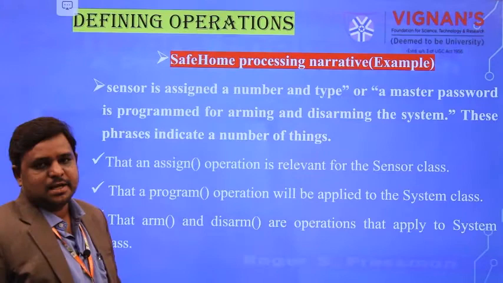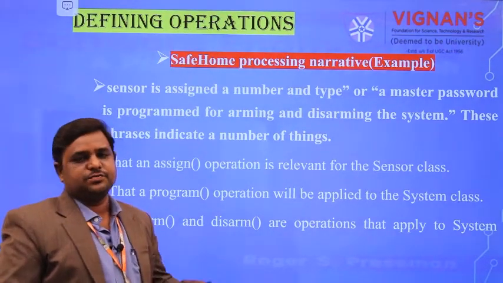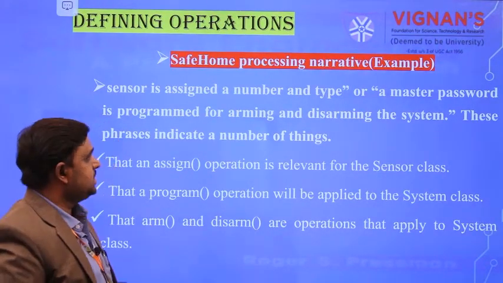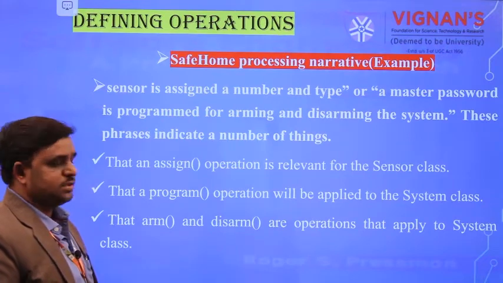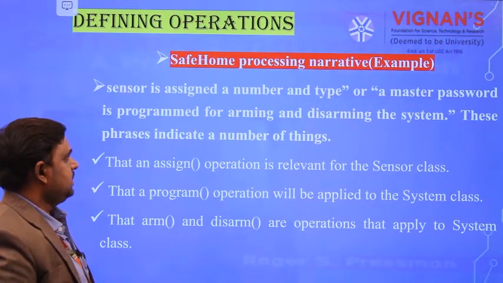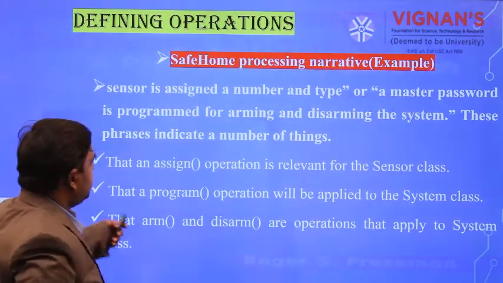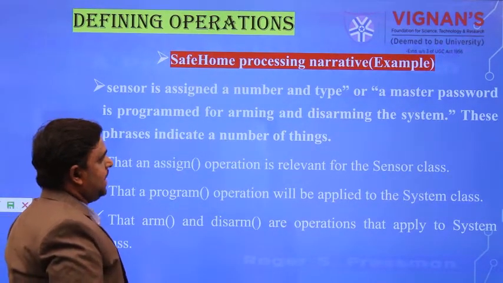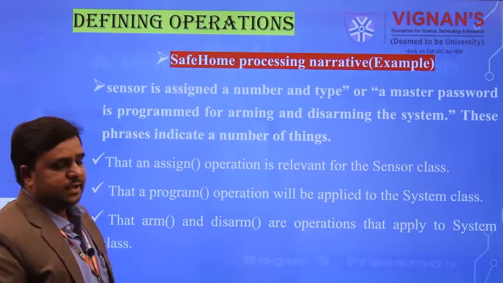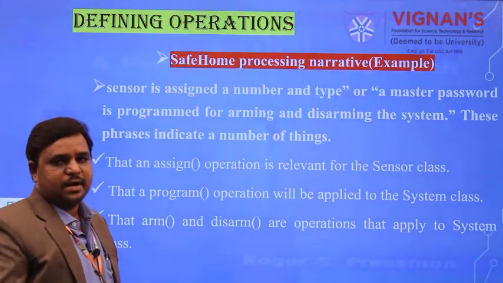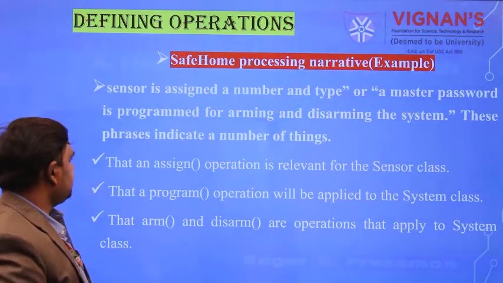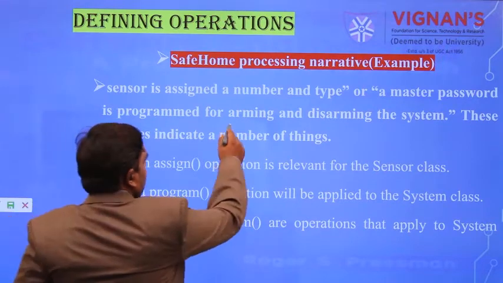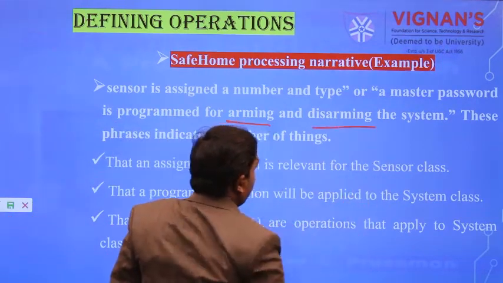If you take the example of the safe home requirements which we have discussed in the last session, this is an example of the safe home processing narrative. Here sensors are assigned a number and type, or a master password is programmed for activating and deactivating the system.